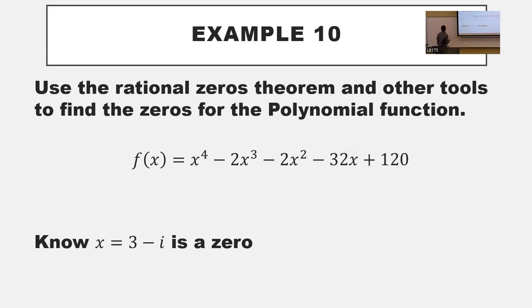I know this other piece of information. So let's use that other piece of information. The other piece of information is I know another zero. Well, that's just like some of these previous problems that we've done, except the zero that I know is a complex number, a non-real complex number.